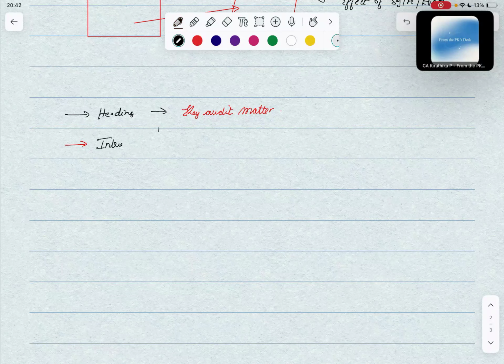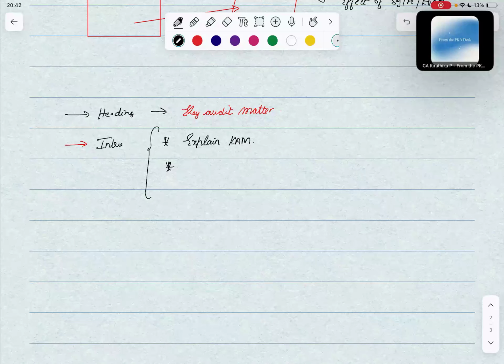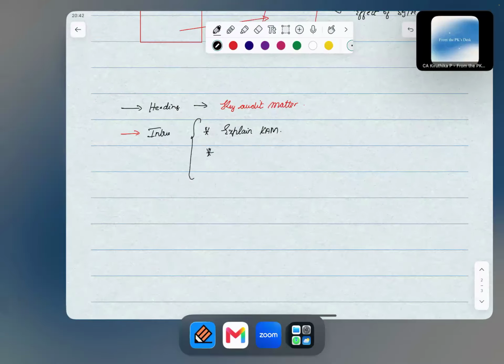In that introduction para, number one, we are going to explain KAM. And number two, we are going to say that these matters are addressed only in the context of the audit of FS.